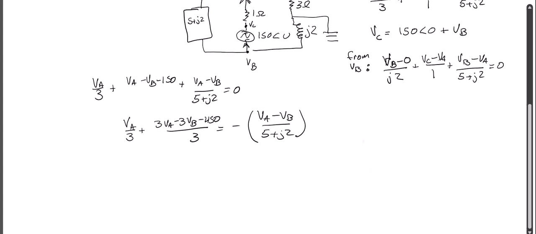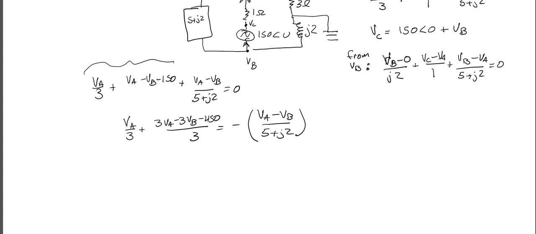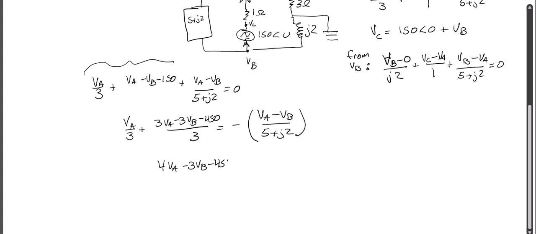So I got a common denominator for these two, and I moved this to the other side. And now when I combine these, VA plus 3VA is 4VA minus 3VB minus 450 over 3 equals, and I'm going to distribute the minus, I'll just change the direction of this subtraction. I'll make it VB minus VA over 5 plus J2.